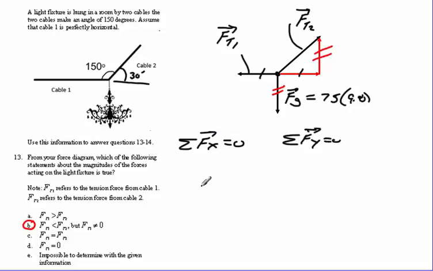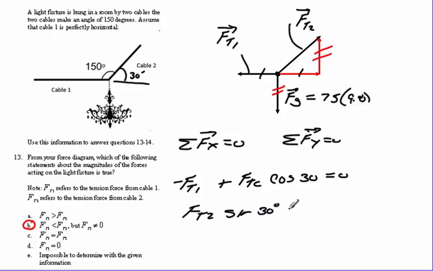When I do my x's, I will get minus FT1, because it goes to the left, plus FT2 cosine of 30 degrees is equal to 0. Now we'll sum the forces in the y direction. The only thing I have going up in the y direction is T2. So FT2 times the sine of 30 degrees minus 75 times 9.8 is equal to 0.